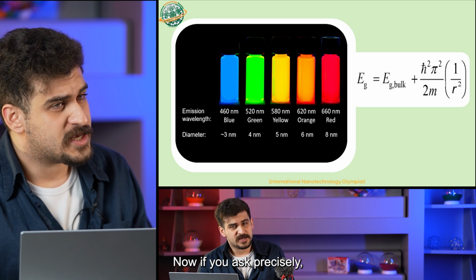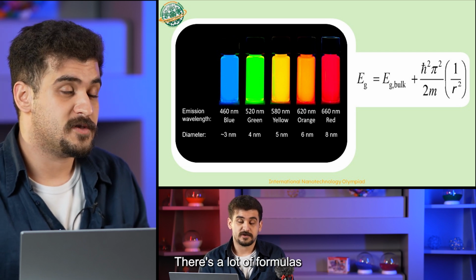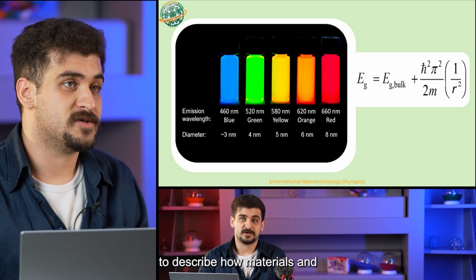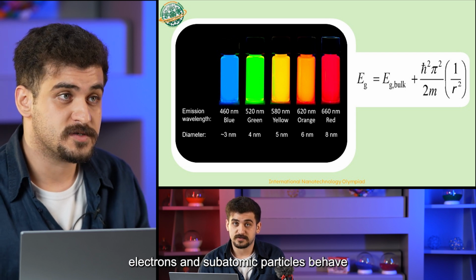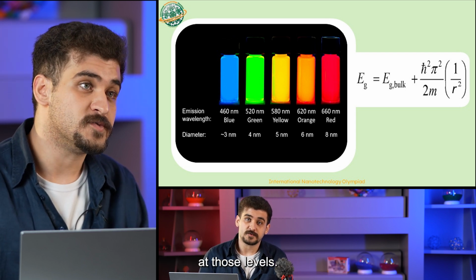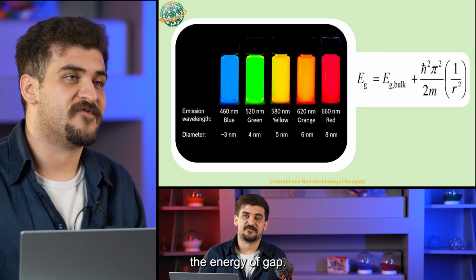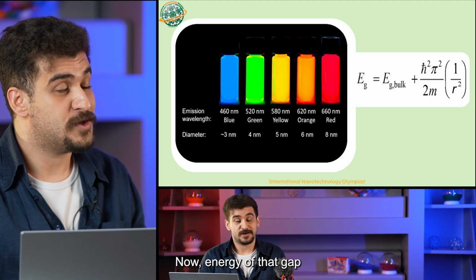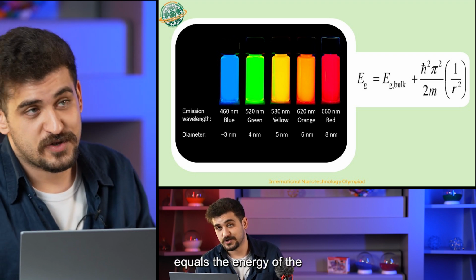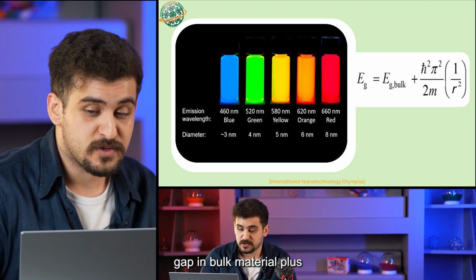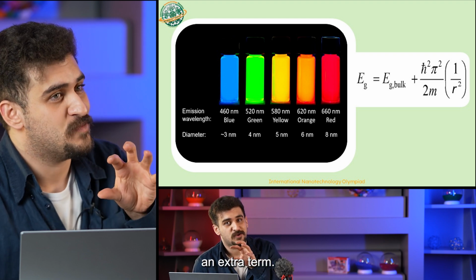Now, if you ask precisely, there are a lot of formulas to describe how materials, electrons, and subatomic particles behave at those levels. The general formula: Eg is the energy gap. The energy of that gap equals the energy gap in the bulk material plus an extra term.